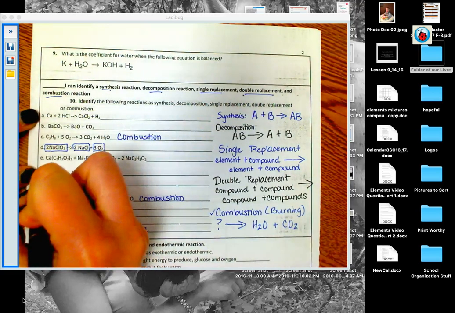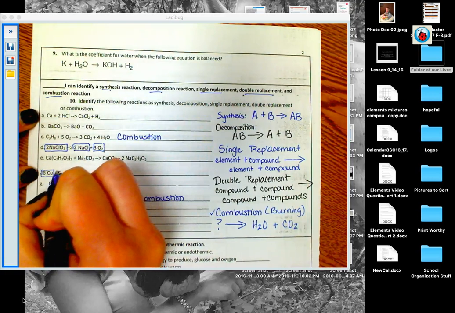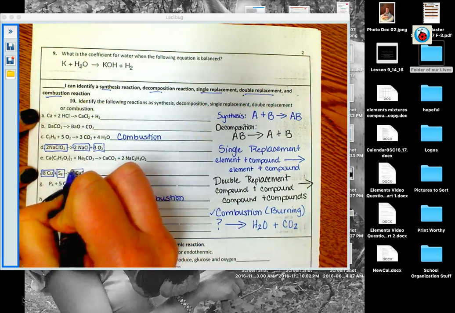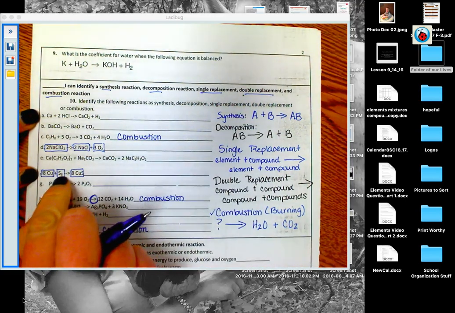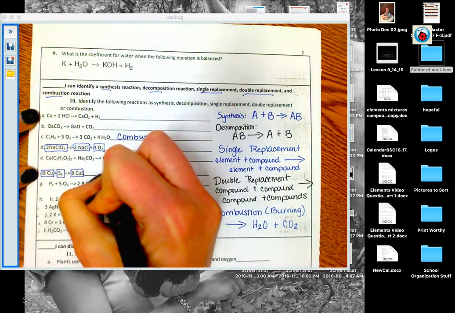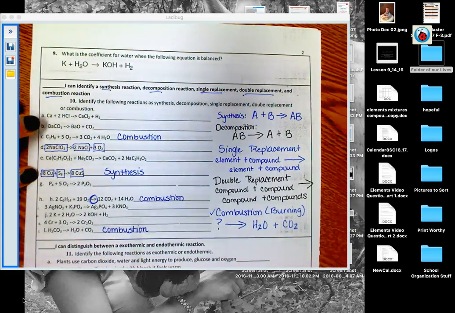And you have 8 coppers, Cu, plus 8 sulfurs yields 8 CuS. And so you have A plus B after the reaction yields AB. So this one is synthesis.